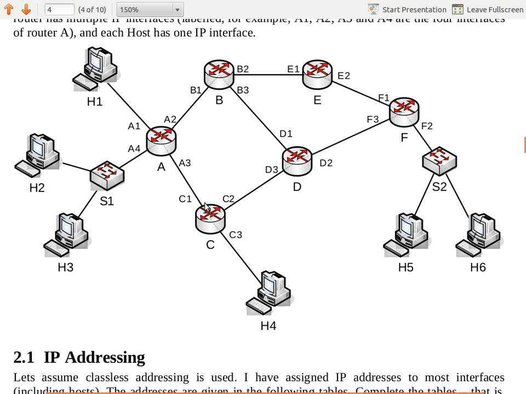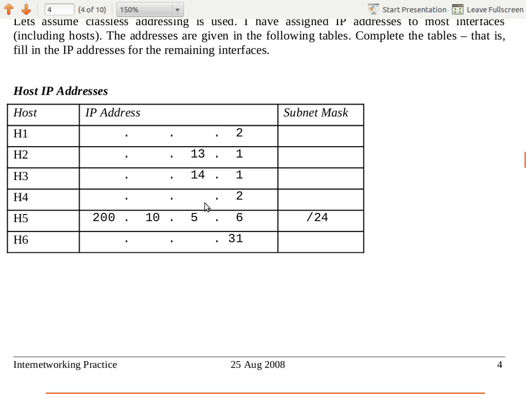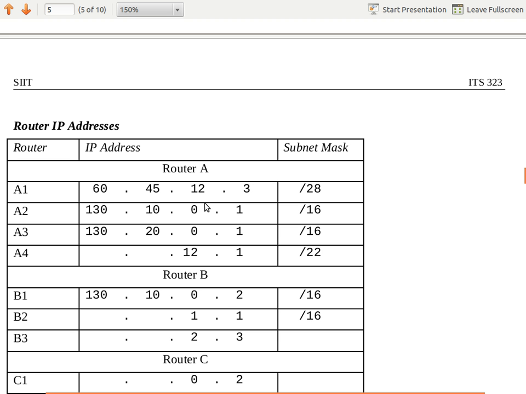Therefore they all need the same network portion, but the information in the tables doesn't tell you which values to use. H2 is something something 13.1, H3 is something something 14.1, and A4 is something something 12.1, and they all have the subnet mask /22. What is the something something?